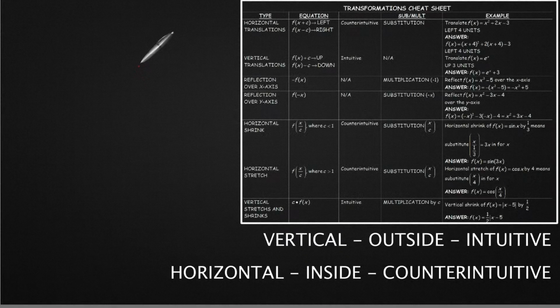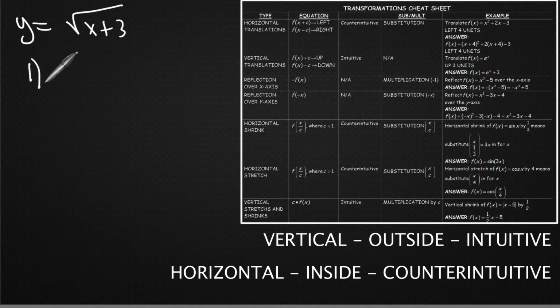Okay, so let's now put it all together here. And let's say that we have the function y equals, let's just say it is the square root of x plus 3, and we'll just leave it there. Let's say we now want to shift this.